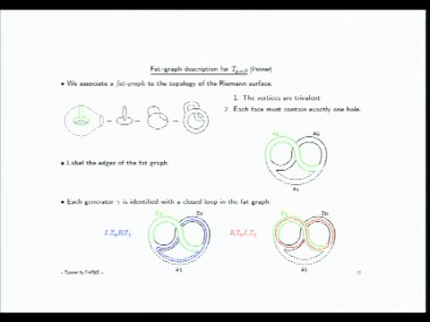It's a graph which is trivalent, and each face must contain exactly one hole. There are several ways. This is in fact quite a misleading picture, but it's quite intuitive too, so I will do it anyway. On the Riemann surface, you select a bouquet of cycles. They intersect in the wrong way, because it's a 4-valent intersection.